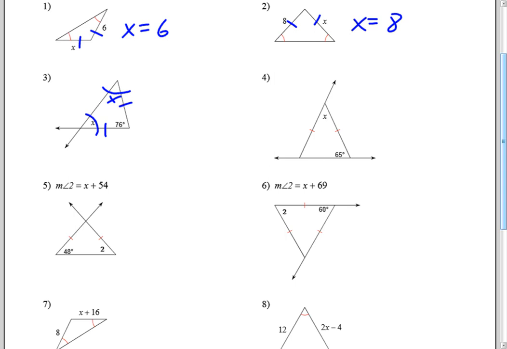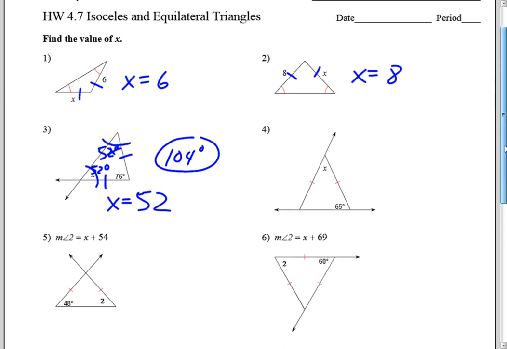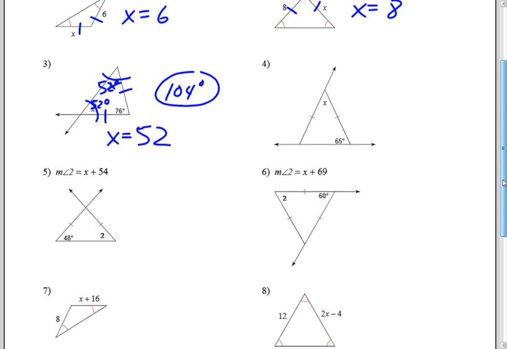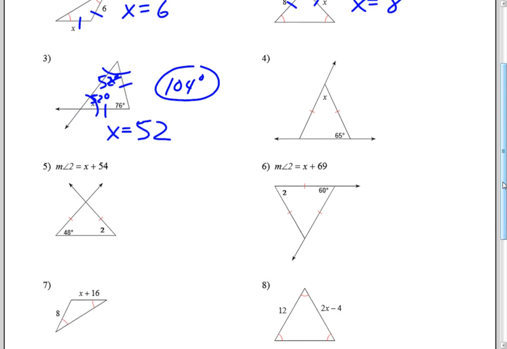So I have 104 degrees left over. If I split those up evenly, then I've got 52 here and 52 over here. And I believe the problems are just looking for the value of x, so I don't need any units, I don't need any degree symbols. Just 52 is fine. If you're not sure about something, stop me.